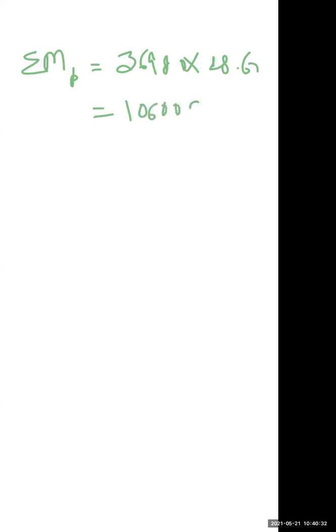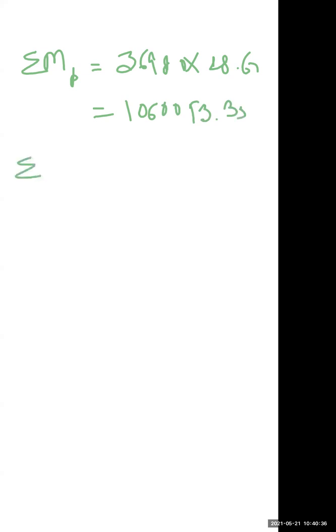Next, we have to calculate the moment about the toe for these given forces and lever arms. First, the moment due to P is force into lever arm, 36980 into lever arm 28.67, and this value is 1060093.33.